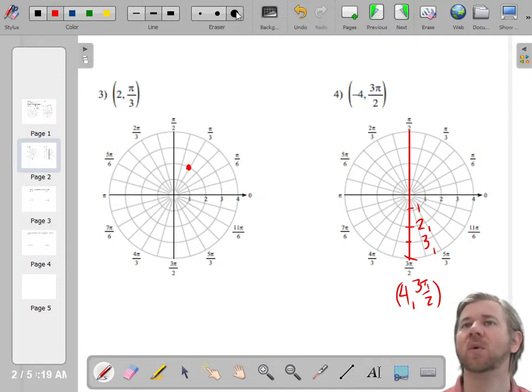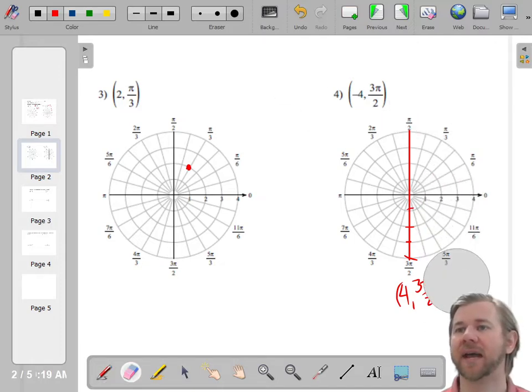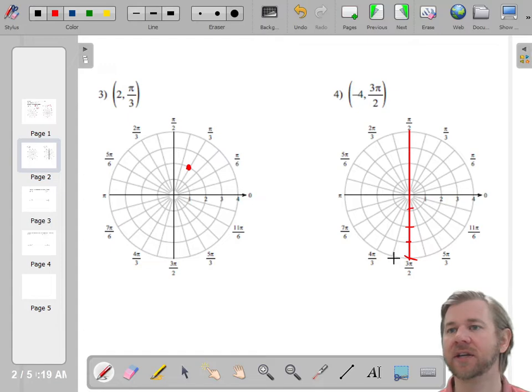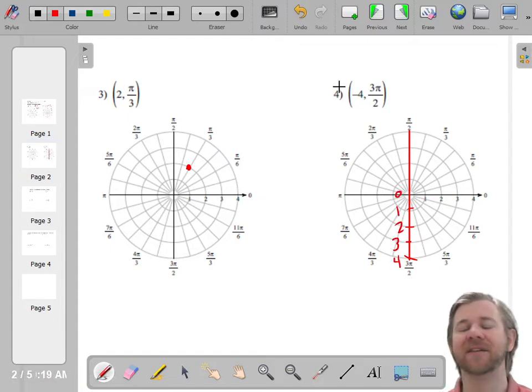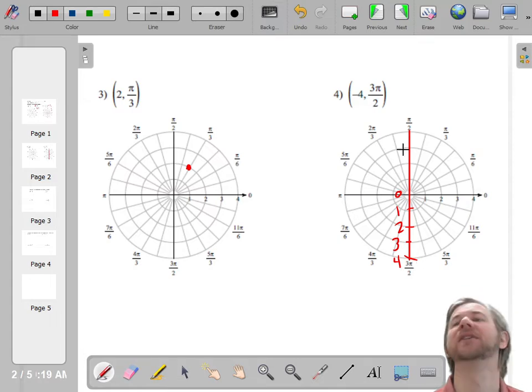If you notice, we're going backwards. As I get closer to the origin, I have 4, 3, 2, 1. This would be 0. If I want the radius to be negative, instead of being here at 3 pi over 2, I'm actually going to go up. This is negative 1, negative 2, negative 3. Right there is negative 4 at 3 pi over 2.